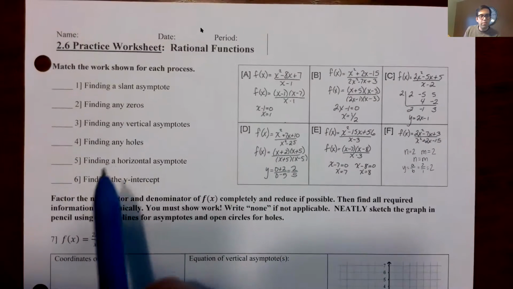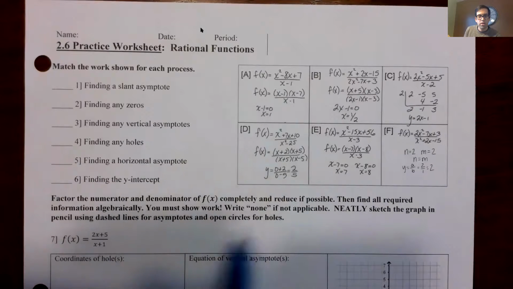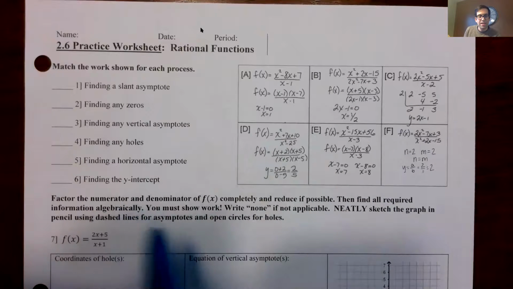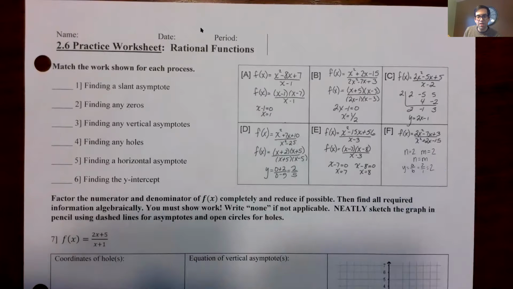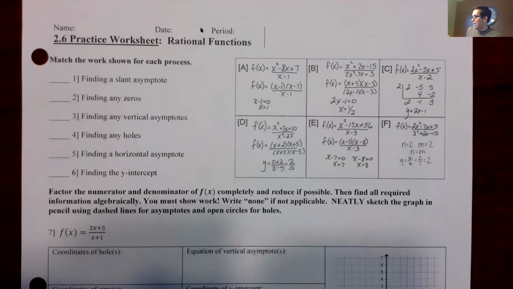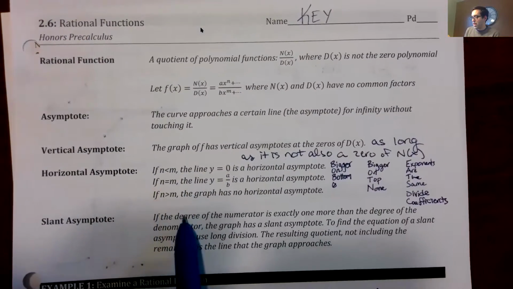So when you go and look at the worksheet, 2.6, you're going to first be asked to match example work with what it might be showing. Notice that when we have N and M here, it's talking about the N and the M for the horizontal asymptotes.